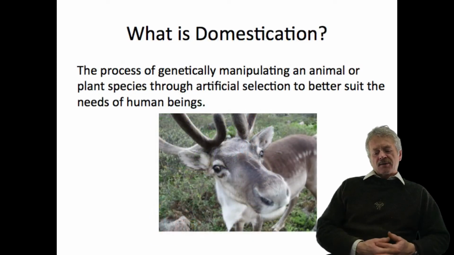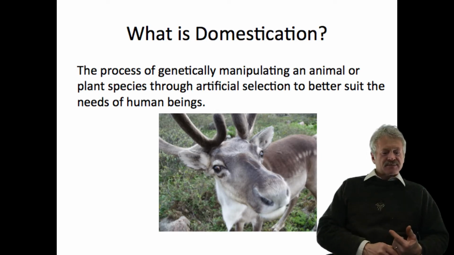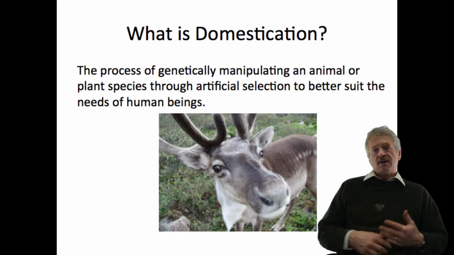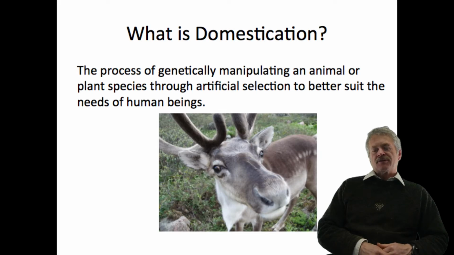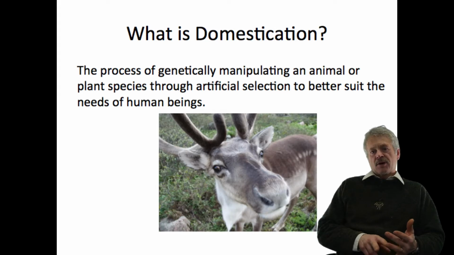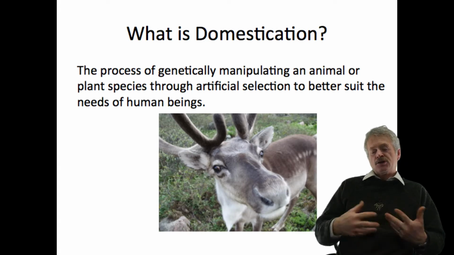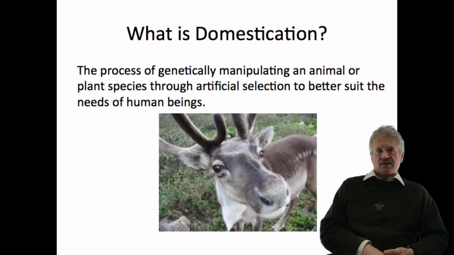And so, what do I mean by a domestic animal? Domestication is very different from taming an animal. You can tame an animal, but that is very different from domestication. Domestication, through a process of artificial selection, we have changed an animal morphologically, behaviorally, and genetically to suit the needs of human beings.